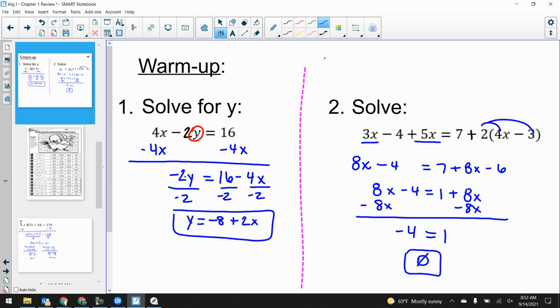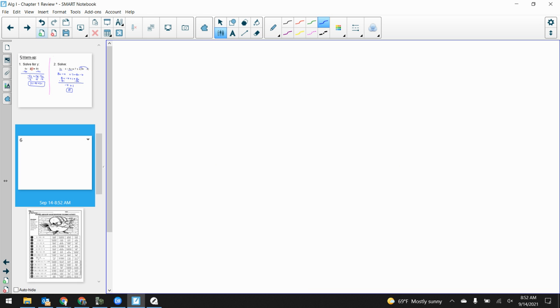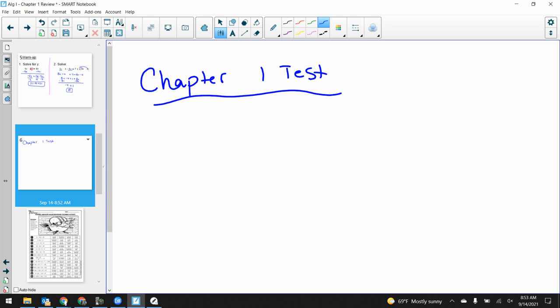Okay, so thinking about the test. There are two main things that you should be studying to prepare you for the test. This is just for our chapter 1 test. The first thing is your 1.1 and 1.2 quiz.